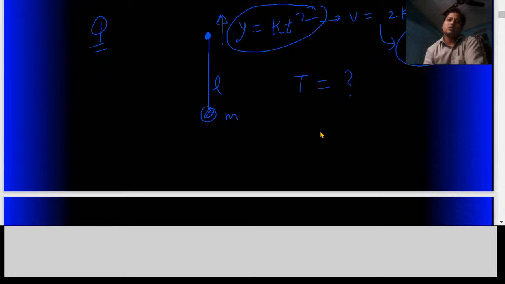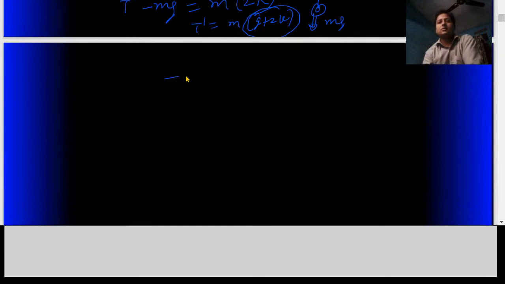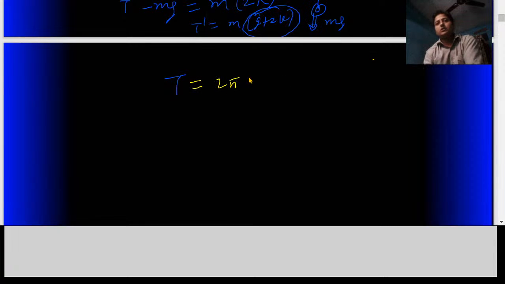So using Newton's law, the net acceleration is 2k, the downward force is mg, and the tension is T'. Using Newton's second law, T' minus mg equals m times 2k. So T' is m into (g plus 2k). So this is our required effective acceleration. So the time period is 2π under root L over effective acceleration, which is g plus 2k.